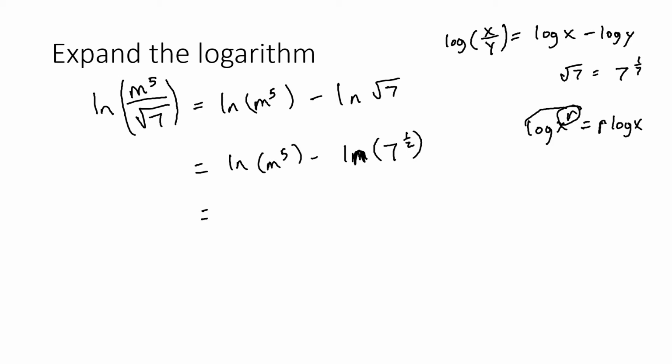So that means that this 5 here can go in the front as a factor, and so can this 1/2. So it's basically 5 times the natural log of m minus 1/2 times the natural log of 7.